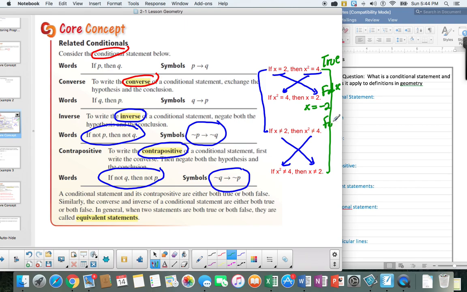That's false because a number that does work is negative 2. So we would call these two equivalent statements because they're both false. If x squared does not equal 4, then x cannot be equal to 2. That's a true statement. So since these are both true, we say that these are equivalent statements.